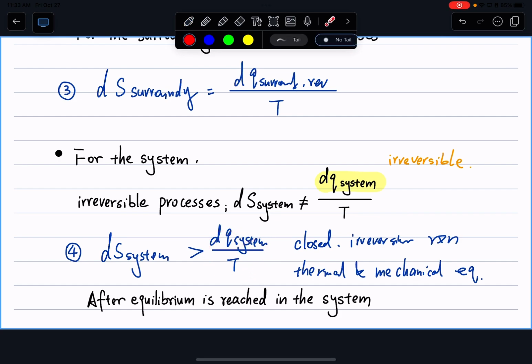So this one we know because your dS surrounding equals dq surrounding over T. And we know your total entropy change must be a positive number.